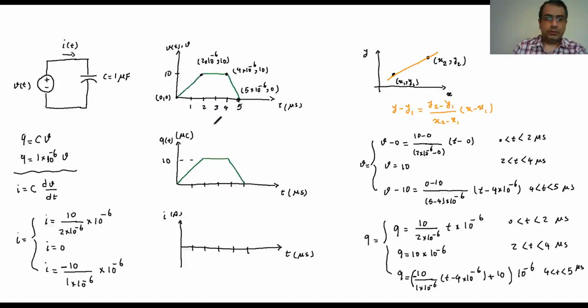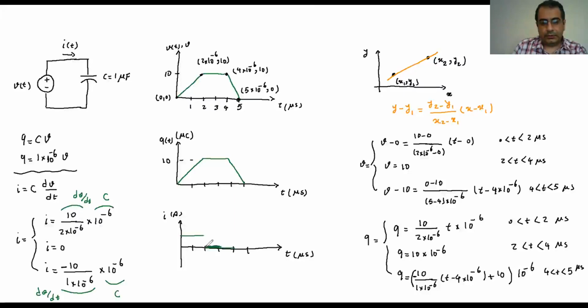So this value here is C, this value is dV over dt. The same here, this value is C, and this value is dV over dt. If I multiply by 10 to the negative 6, these two go away, so it's going to be 5 here. So have it as a 5, and then it becomes 0.